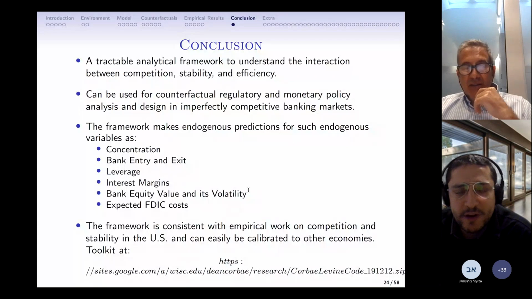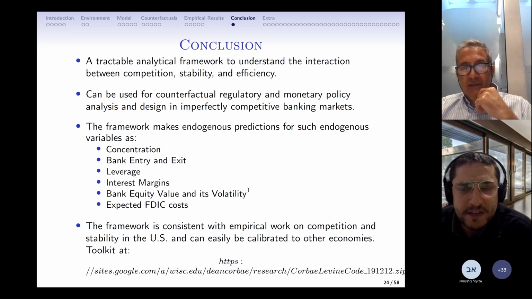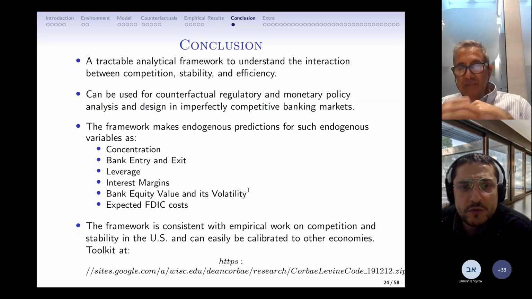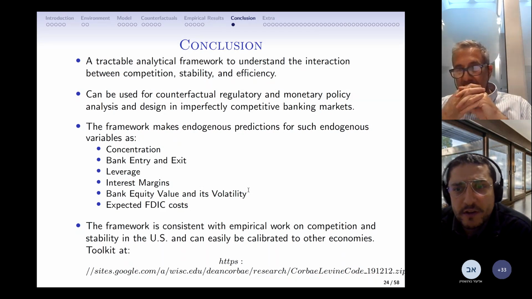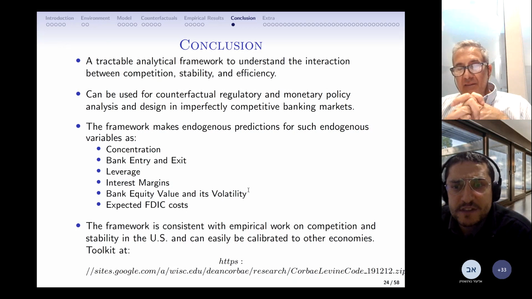So today, that we are in a quite turbulent time in terms of financial stability, especially in the US, how would you use your model? I'm a central banker. I would be interested to use your model to get which kind of insights.